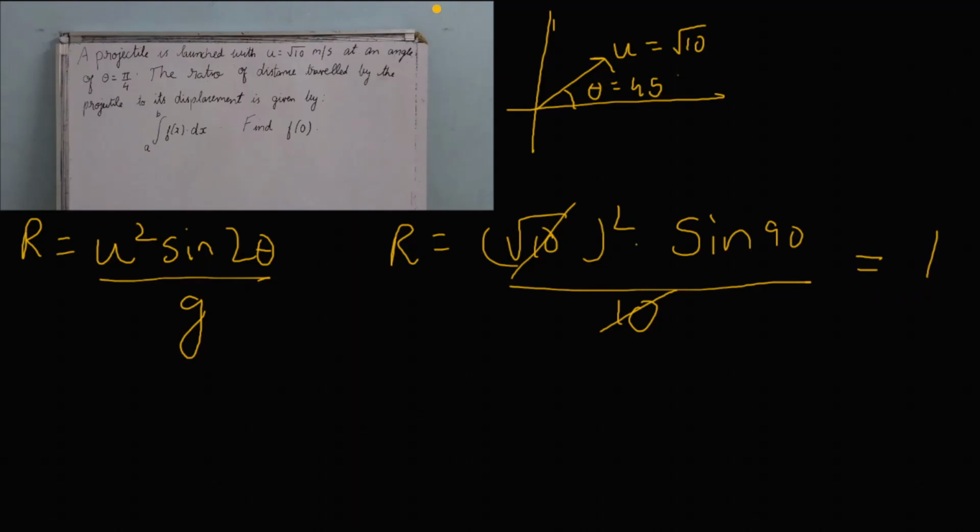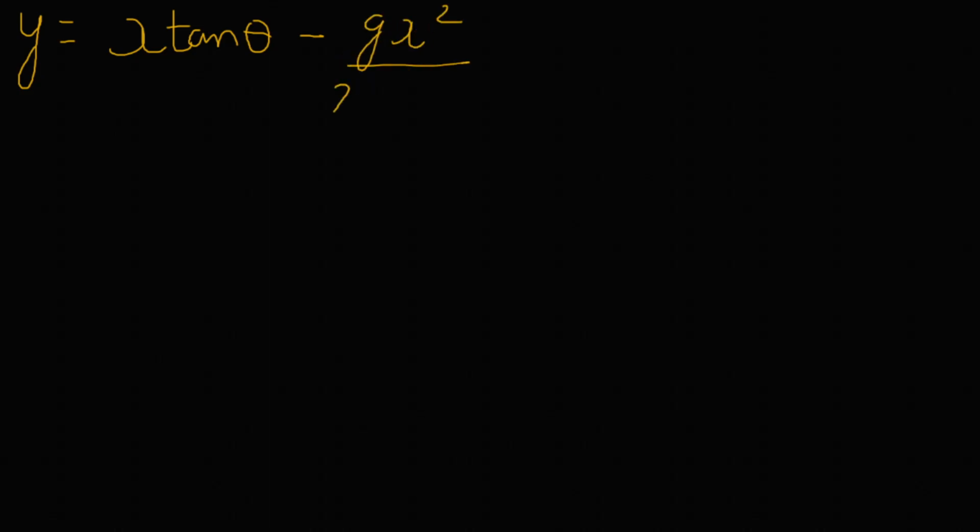Now we need to find the distance traveled by the projectile. So let us make the equation of trajectory for this. We know that equation of trajectory is given by x tan theta minus g x square by 2u square cos square theta. Let us substitute the values given in the question.